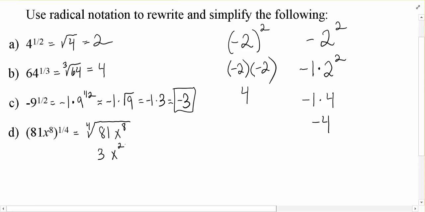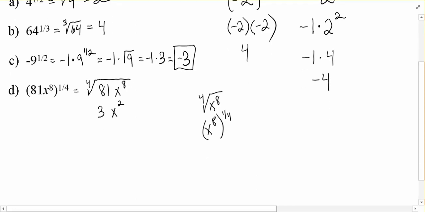Now, we can also use these exponents to help us understand how quickly I can get x squared there, because let's look at just the fourth root of x to the 8th. Well, what that means is x to the 8th raised to the 1/4 power. And when you raise a power to a power, you multiply their powers.